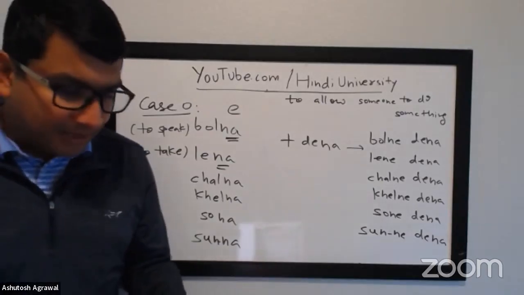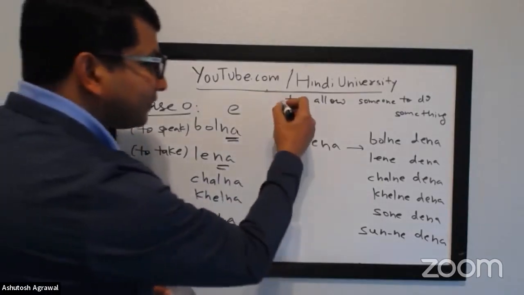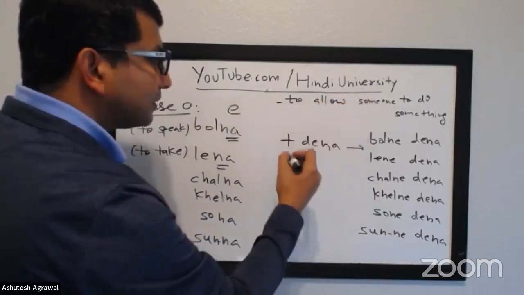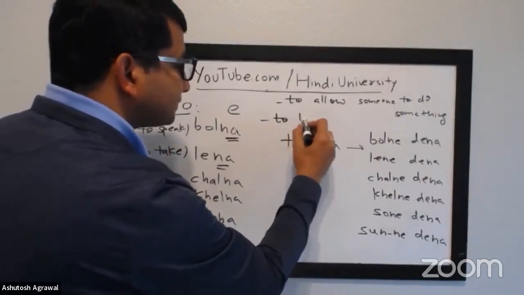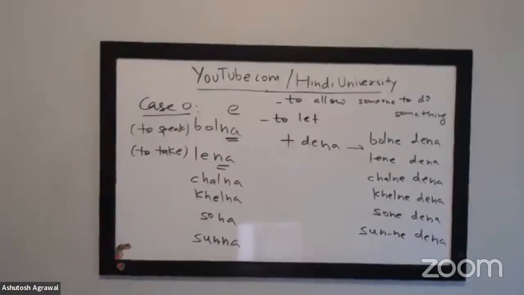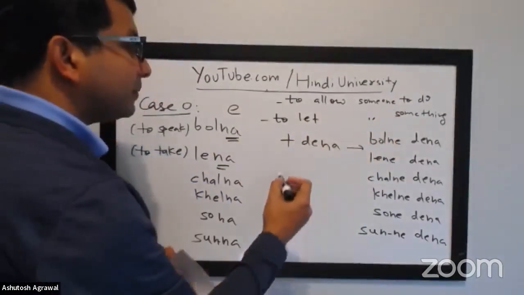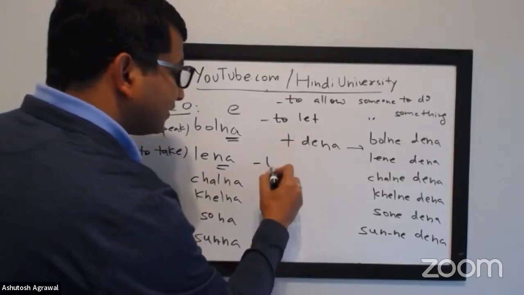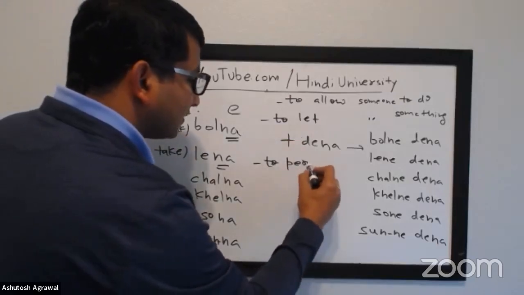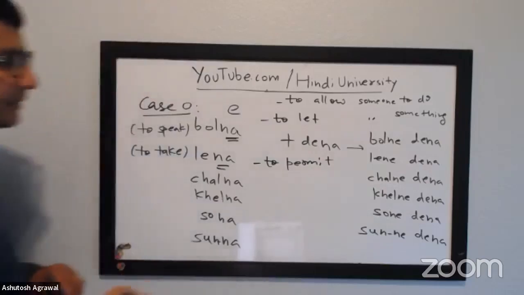These are different ways of explaining it: to allow someone to do something, to let someone do something, and similarly to permit someone to do something.